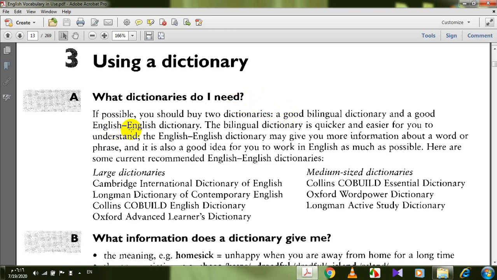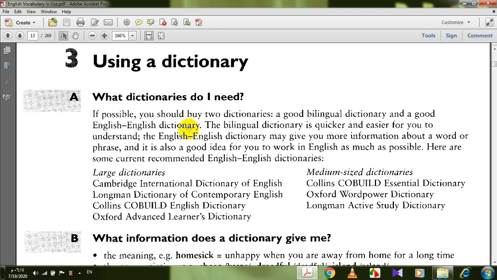So an English dictionary is very good in this case for you as a learner of a language, because it gives you an opportunity to go through, study more, and be exposed to the target language, which in this case is English.